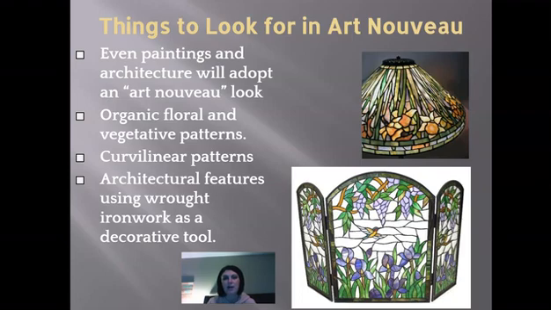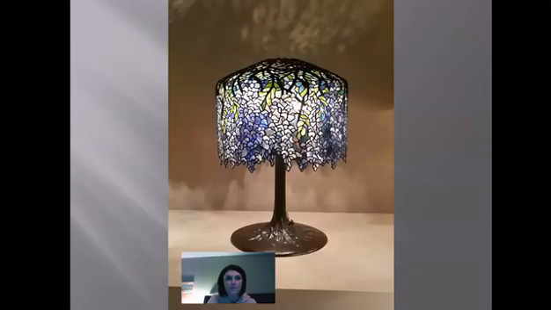That's why Art Nouveau works of art are usually pretty expensive, because they are handmade and crafted. The idea is embracing nature and the organic, so they're very curvy, not symmetrical, and very flowing, just like nature. Nature doesn't go in a straight line, neither does Art Nouveau.